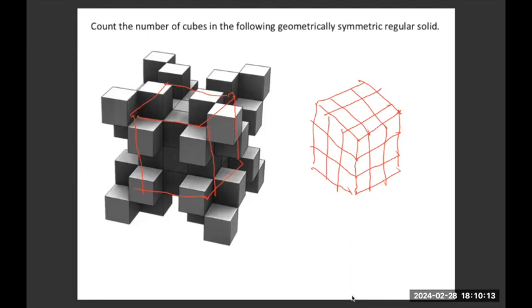So if I just draw the cubes, one cube happens here, which is this cube, which is attached here. There will be another cube which is getting attached at this corner, which is this one.